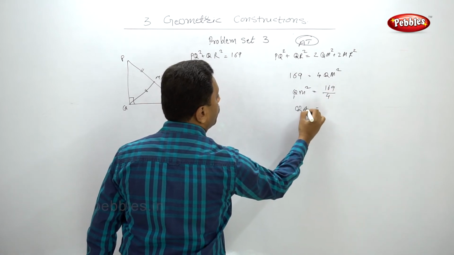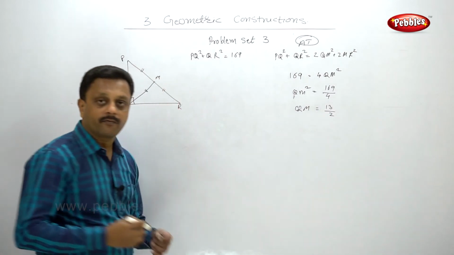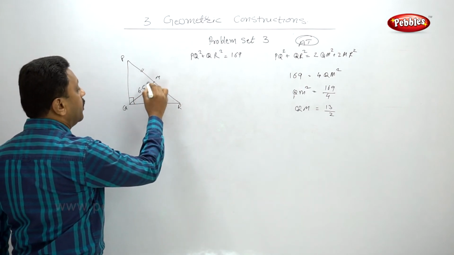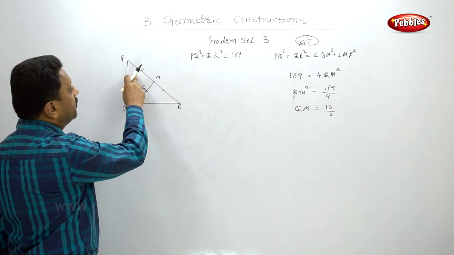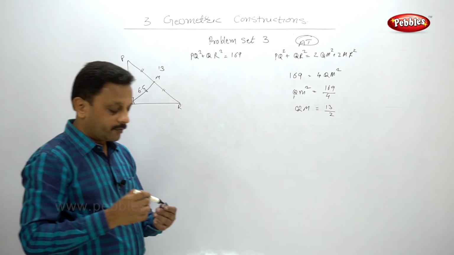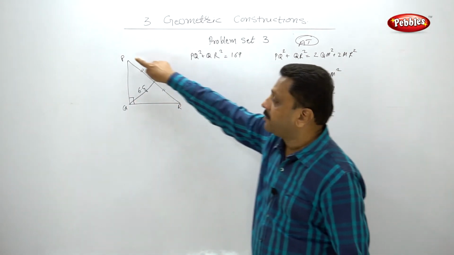So QM is equal to 13 by 2, which is 6.5. MR is 6.5, PM is 6.5, so this is 13. PR is 13. Now you can draw this triangle because you know one side.